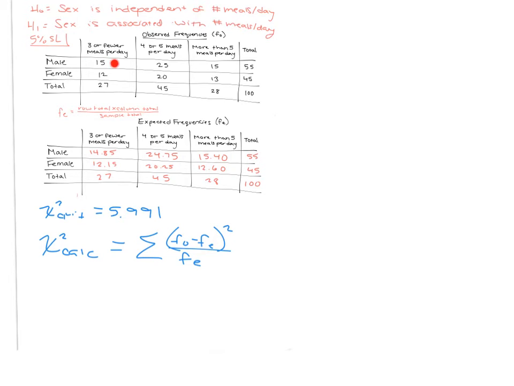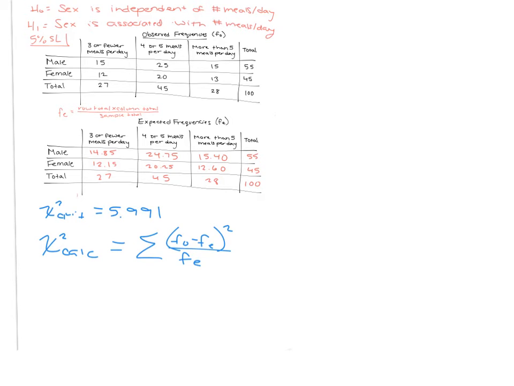So here's one pair of observed and expected. Here's another. Here's another. Here's another. You guys get the idea. And for each of those 6 pairs, we are going to calculate the observed minus the expected, squared, divided by the expected.